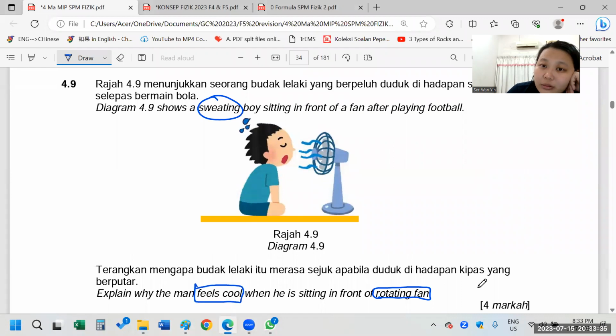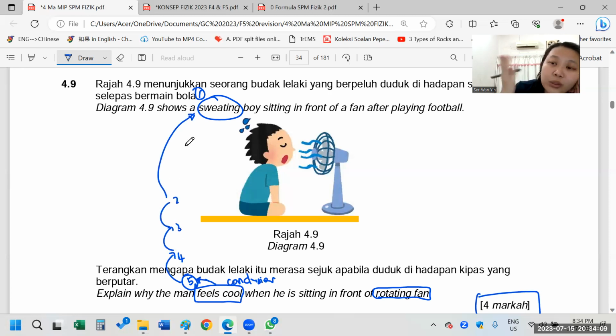Normally how I make the 4 marks: I will start with sweat and end with feel cool. 4 marks means you must have 4 sentences to tell from A to Z. Then this is the Z, feels cool. Actually we don't count this mark, but we make this the conclusion. So we start from number 5, then come back to number 4, 3, 2, 1. So this is called backward reasoning.